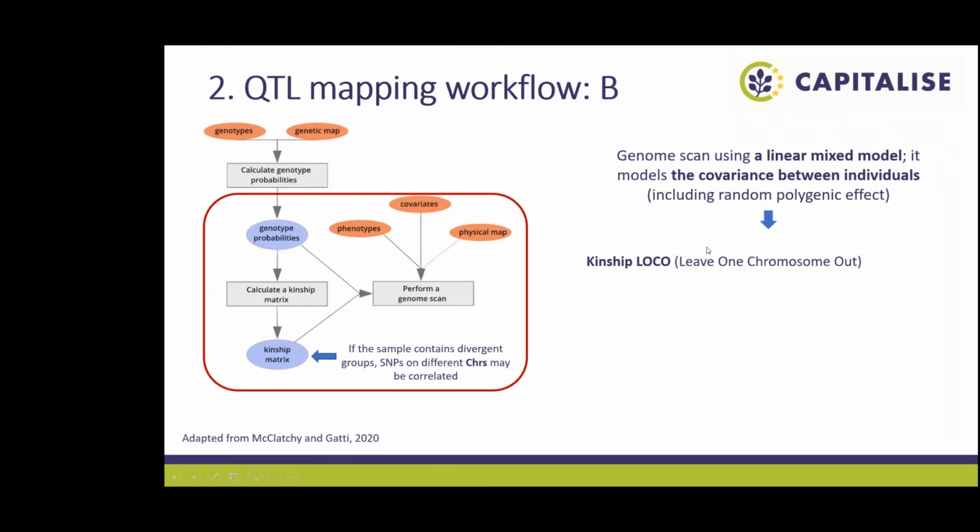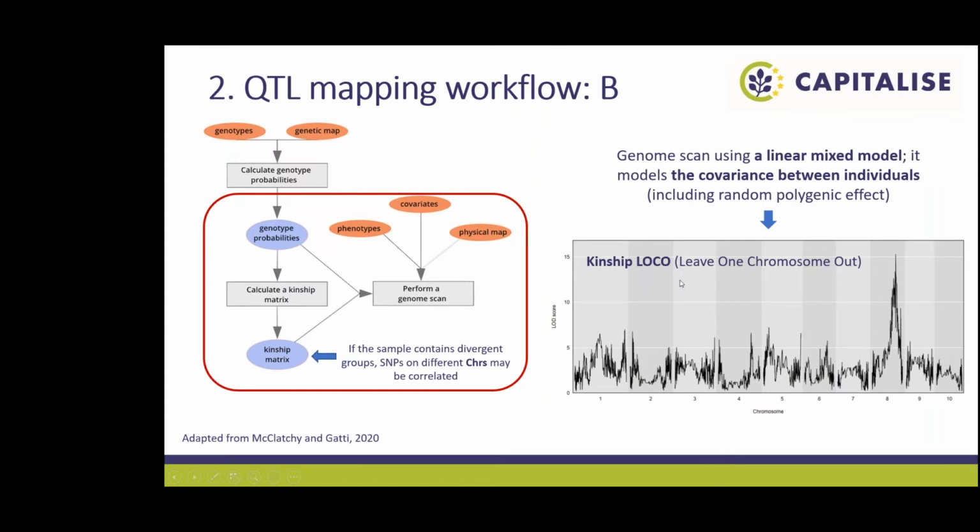So we perform this genome scan with this linear regression, and we use kinship to test, and this is the output. Here on the y-axis, you see the LOD score, the logarithm of odds, which is a measure of the significant association with our phenotypes along each of the chromosomes.